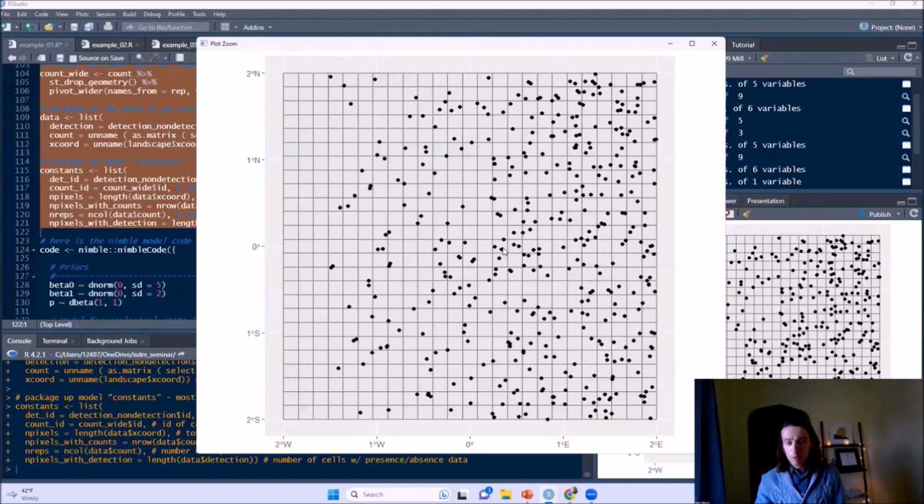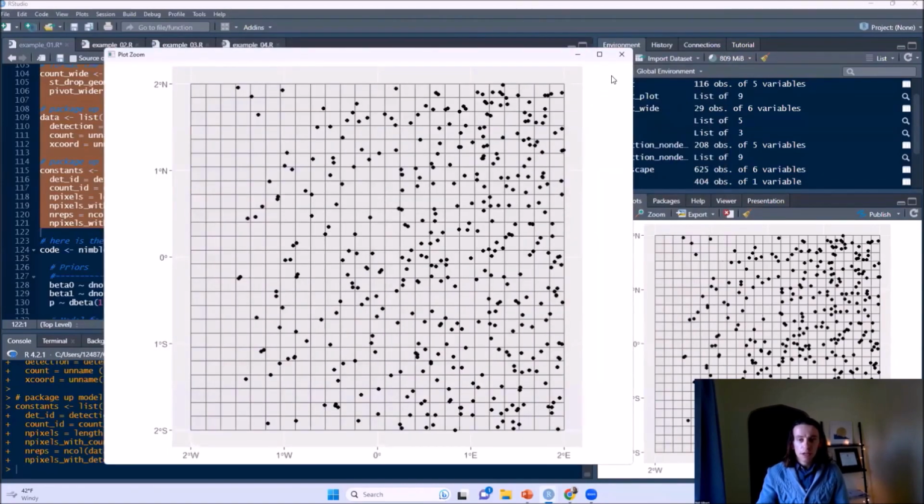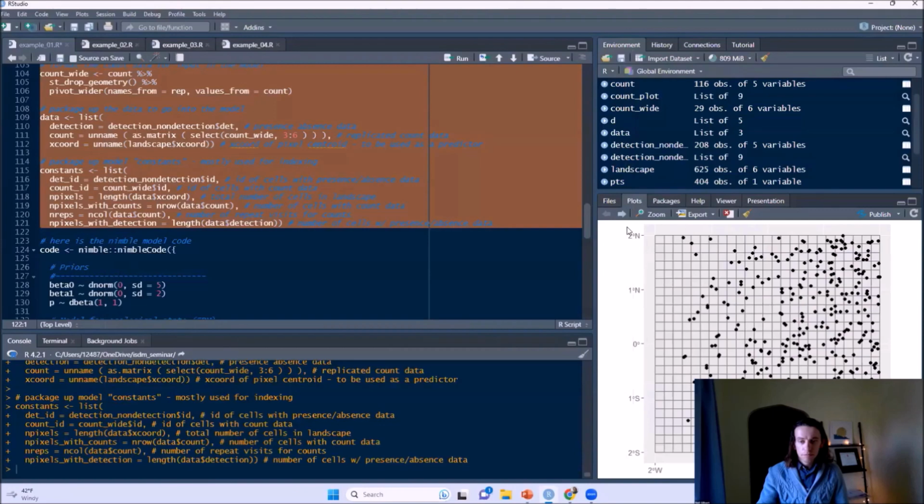For animals that move around, this could be the snapshot locations of those individuals at a moment in time, or it could be the average activity center over time. And I've simulated this so that the intensity of this point pattern increases from left to right. So there's more points over here on this right side of this landscape. And then I've also overlaid this with a discrete landscape where I've got these grid cells laid across the landscape as well.